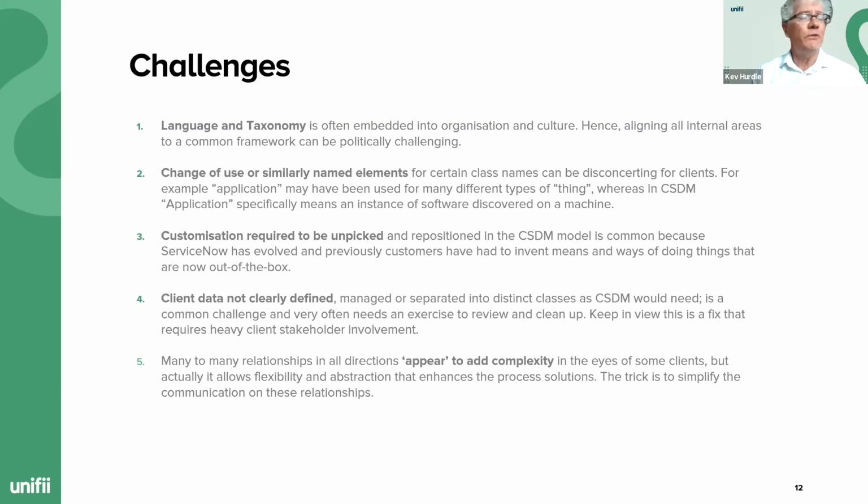So, for example, if you use application in your organization as your unit of currency, application has got a certain meaning within the model. And we will probably need to adjust people's thinking and how they use these elements and the way that they're named. So if you think about service, business service, technical service, you know, the same name in these things. So how do we use them differently?